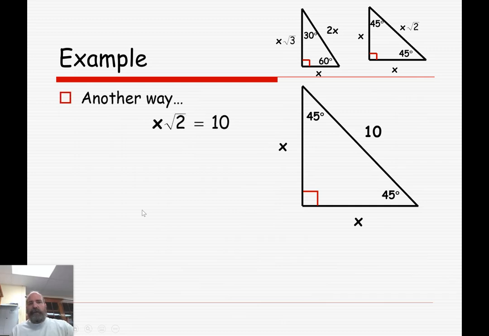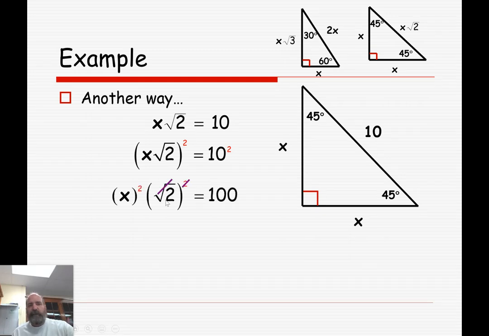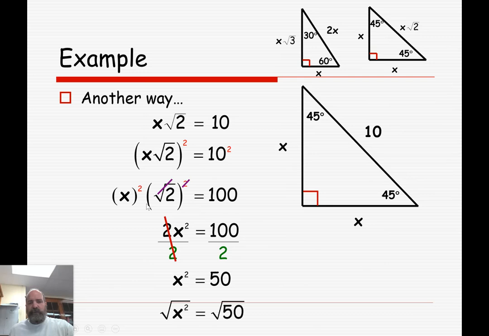Okay, here's another way to do that. I can do x square root of 2 equals 10, and then I can square both sides. Well, the squared and square root cancel each other out. X squared is just x squared. So this is 2x squared equals 100. And then I divide by 2, and then I square root both sides.